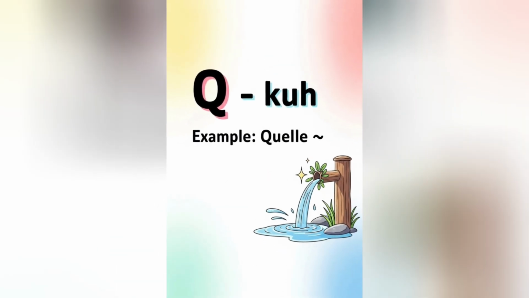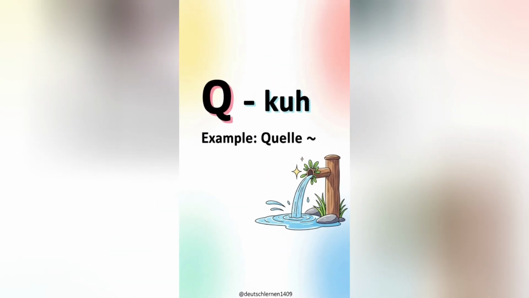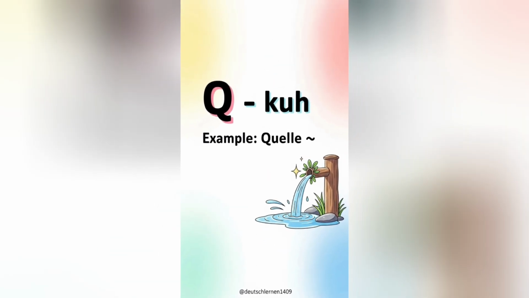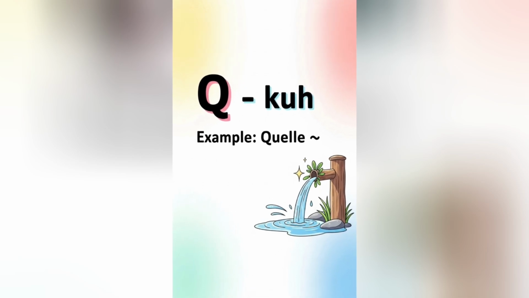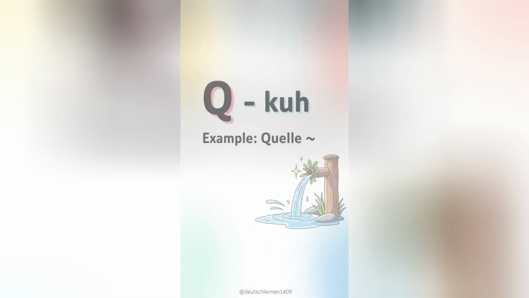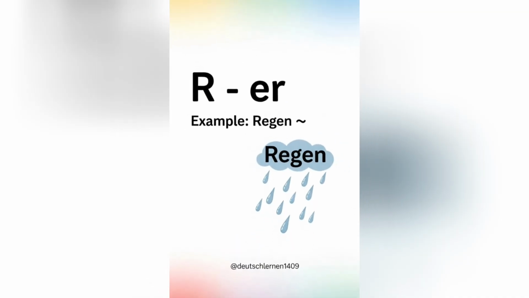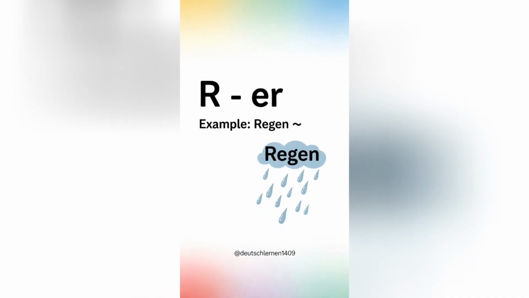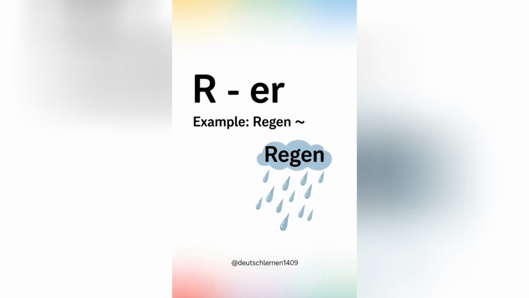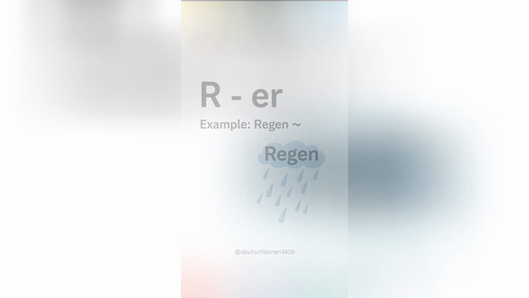In German, Q is pronounced as Q. It is mostly used with the letter U. For example, Quelle, that means fountain or spring. The letter R is pronounced as R. The sound comes slightly from the throat. For example, Regen, that means rain.